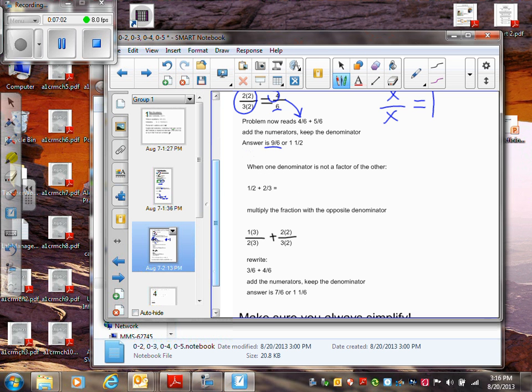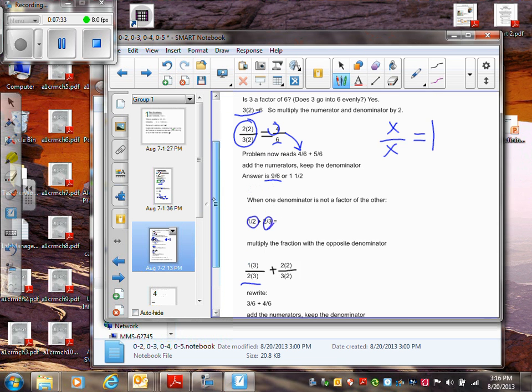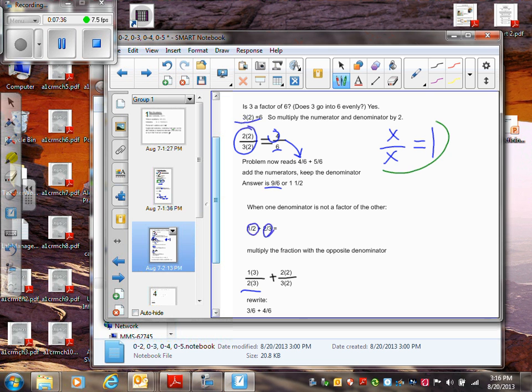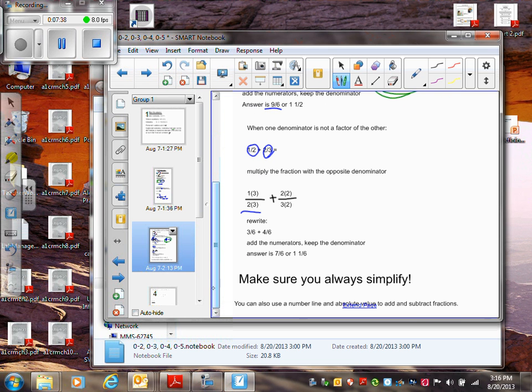When one denominator is not a factor of the other, for example 1/2 plus 2/3, just multiply each fraction by the opposite denominator. So we have 1/2 multiplied by 3/3, and then the 2/3 we multiply by 2/2, because we can multiply anything we want by 1 and it's not going to change the value of our number.